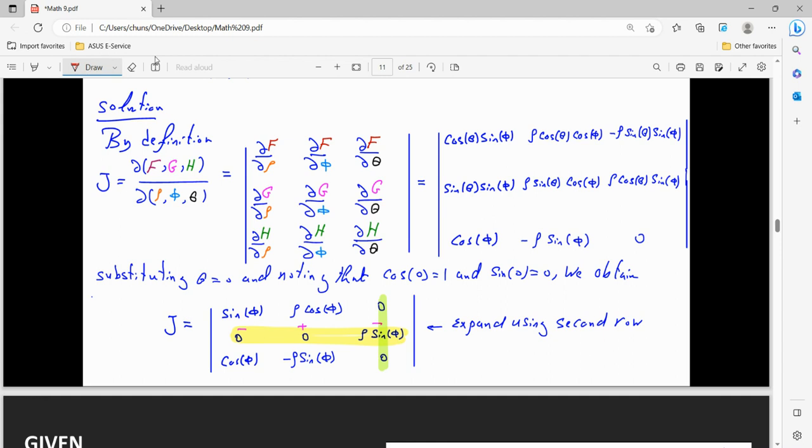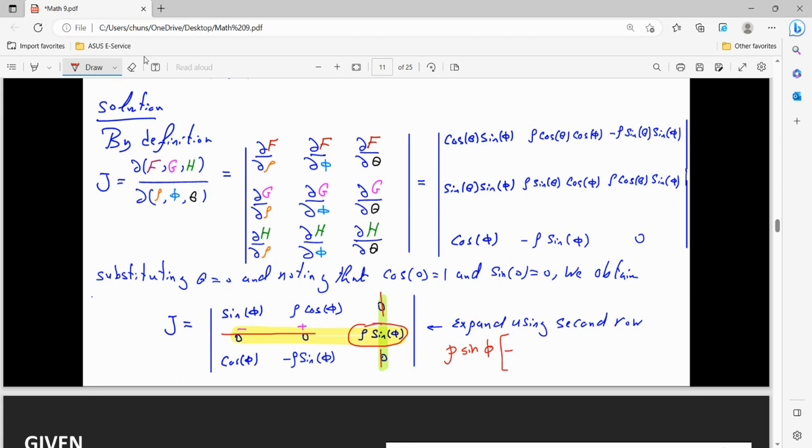So we are only going to use this one. That means we block off this row, this column, and whatever's next to it. So then this becomes rho sine phi, times this determinant.